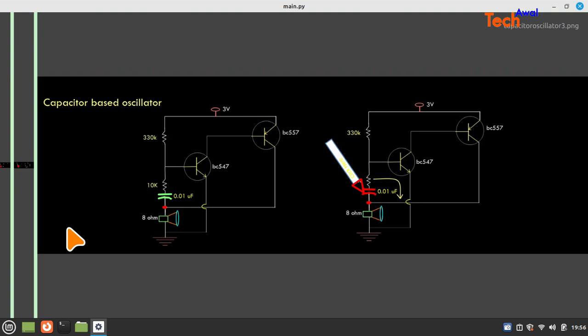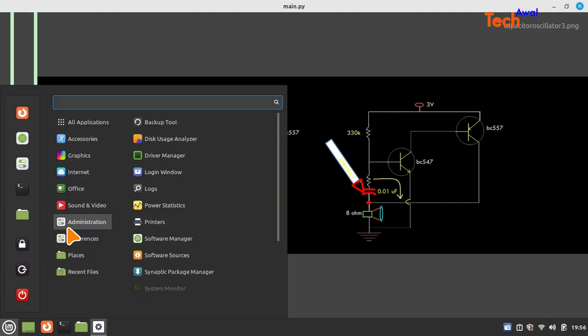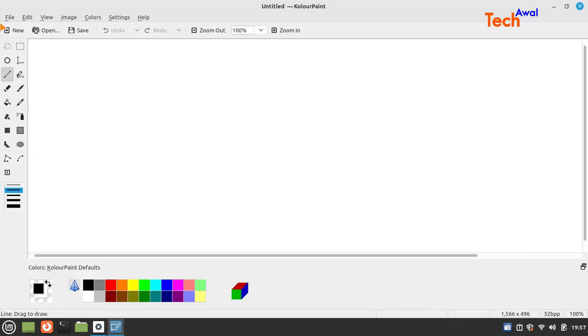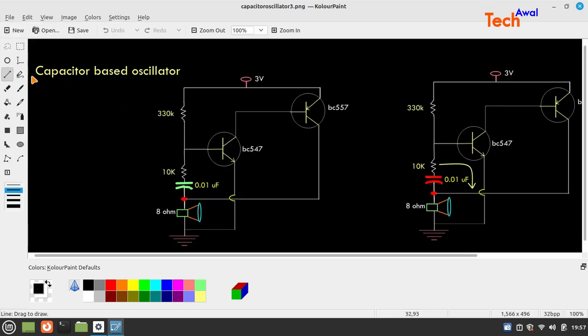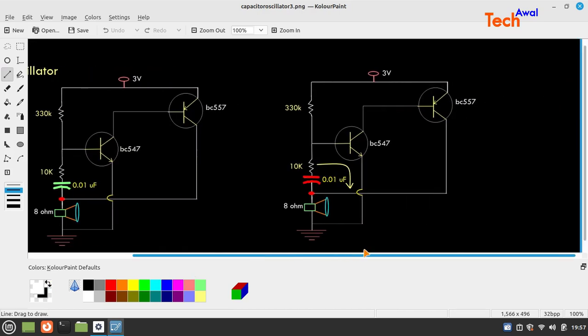So it would behave like a kind of current going up and there is no current, current going up and there is no current. So we can think like, okay, so probably we can draw it here.